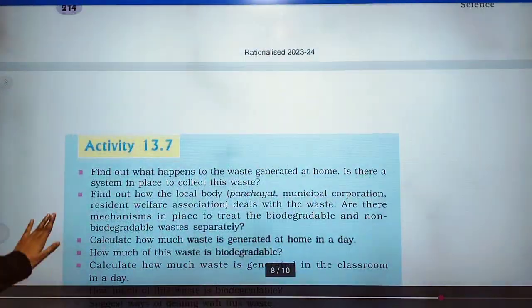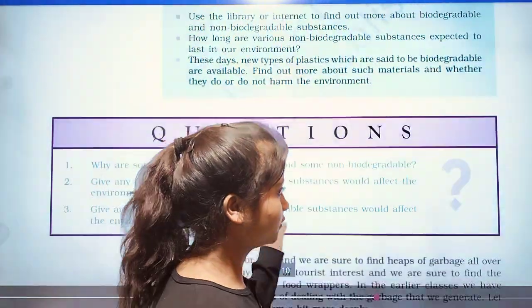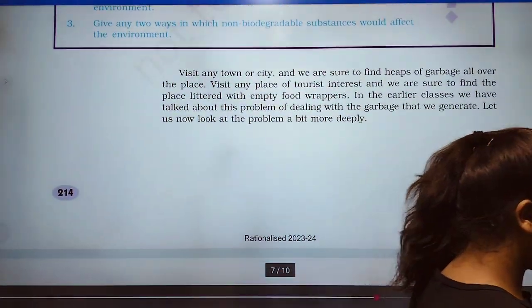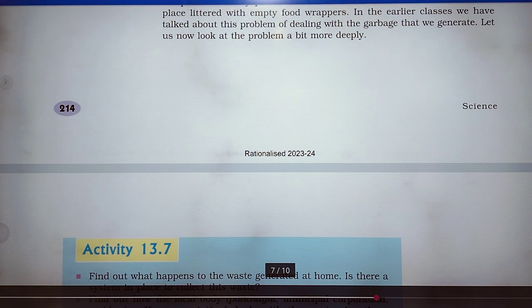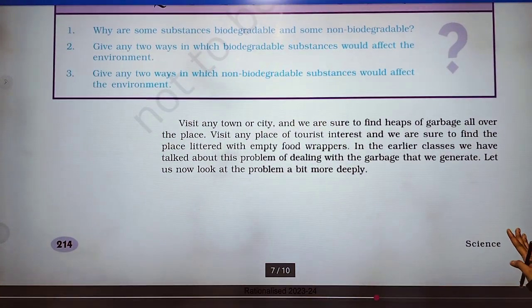To stop this, what do we have to do? Use recyclable things, or we can say eco-friendly products, that are friendly for the environment. They will not harm our environment. Or for the garbage, we can use dustbins.